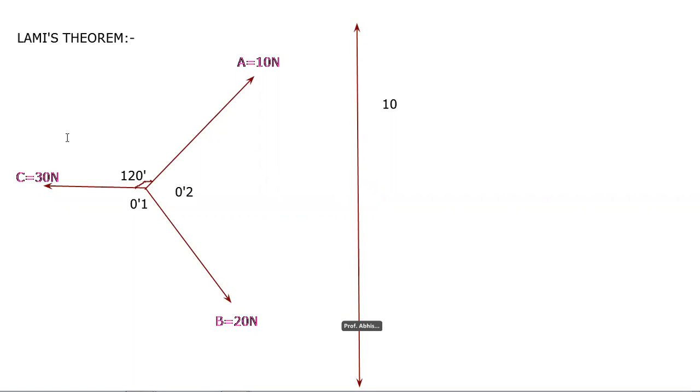So 10 Newton divided by sine of theta 1, then 30, that is the C, divided by sine of theta 2.